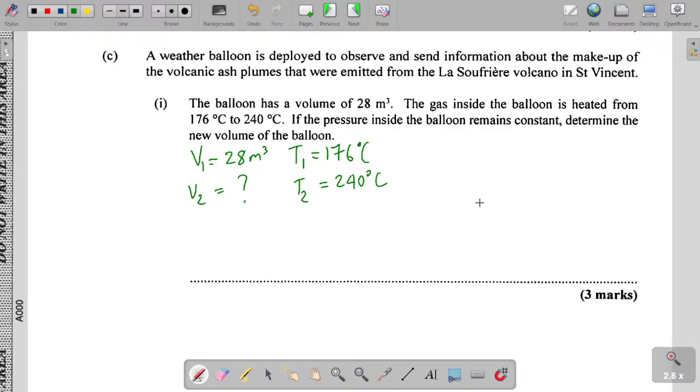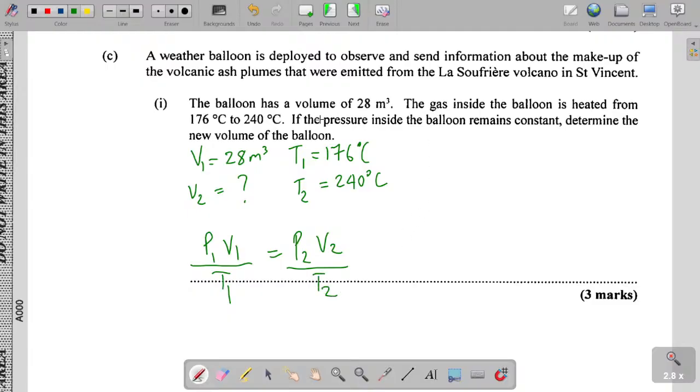Now, if you don't remember which equation to use for this, all you need to do is write back the general equation, the combined equation, which is P1 times V1 divided by T1 is equal to P2 times V2 divided by T2.